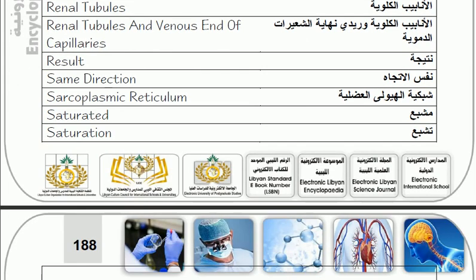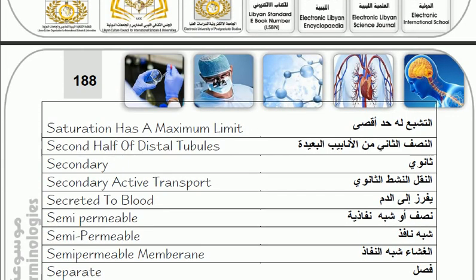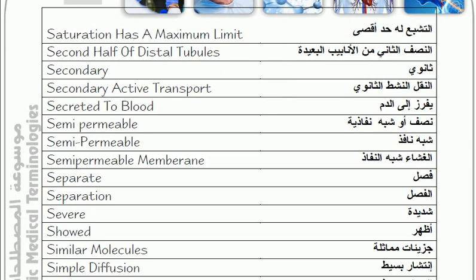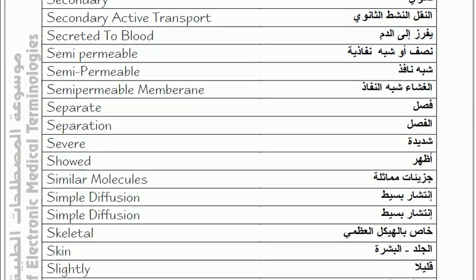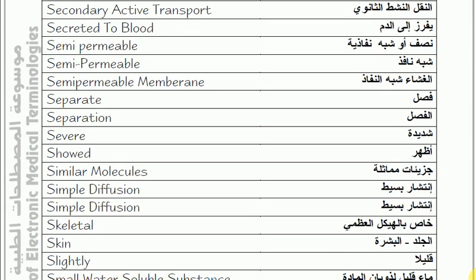Result. Same direction. Sarcoplasmic reticulum. Saturated. Saturation. Saturation has a maximum limit. Second half of distal tubules. Secondary. Secondary active transport. Secreted to blood. Semi-permeable membrane. Separate. Separation. Severe. Showed. Similar molecules.